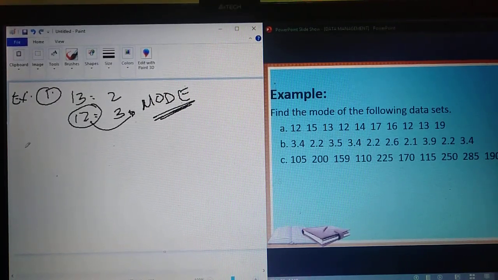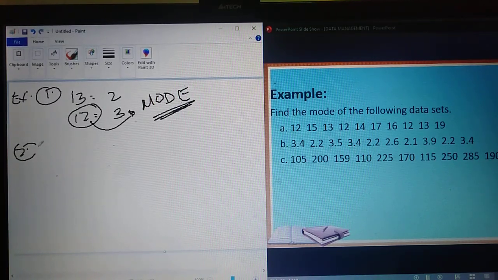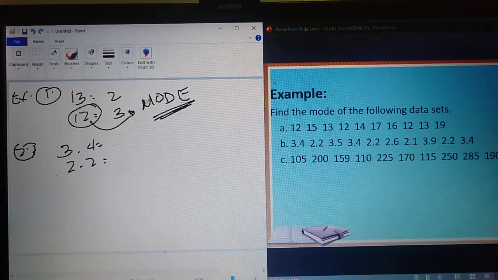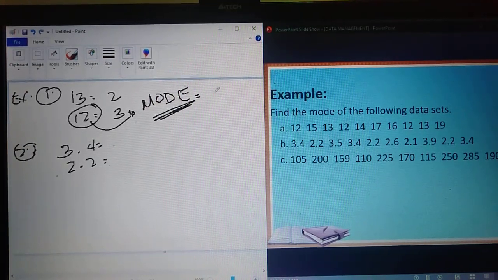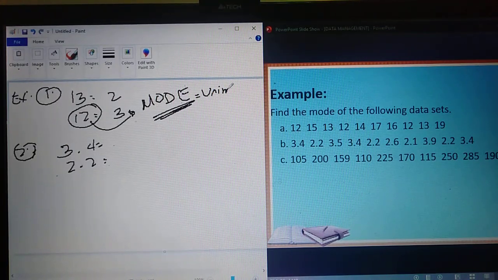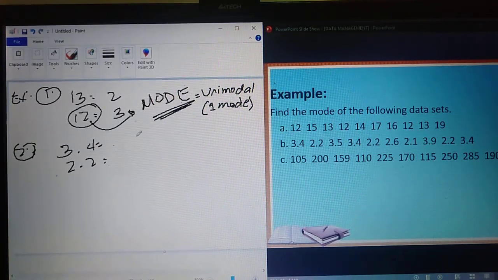Yun yung mode natin. How about for number 2? Ang naulit is we have 3.4 and 2.2. Ang tawag dito pag single mode lang is unimodal. Okay, one mode. Ayan. So 3.4 tsaka 2.2.